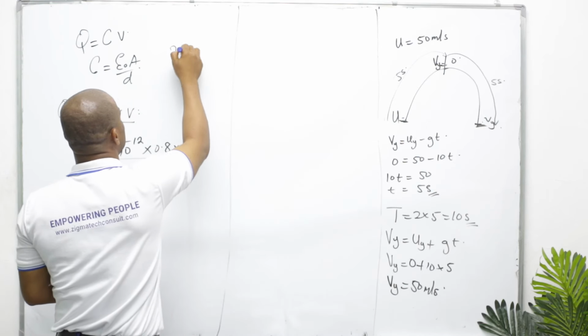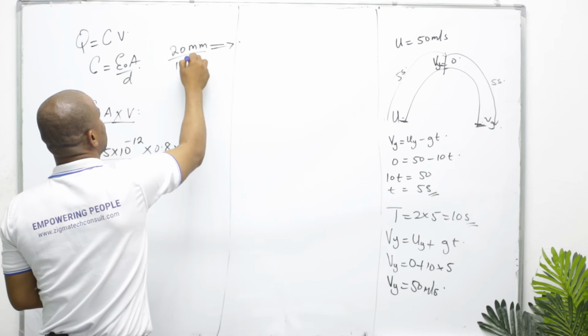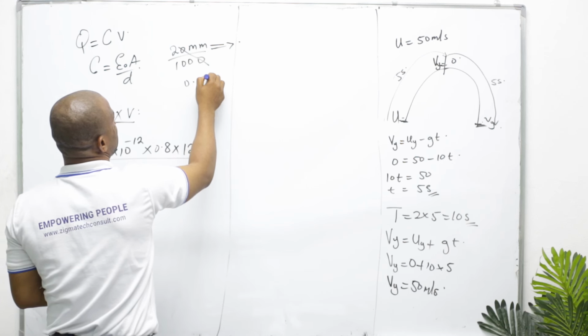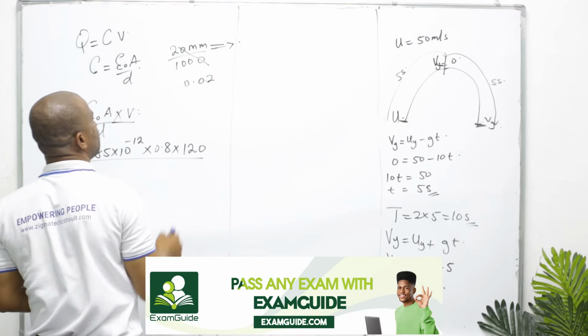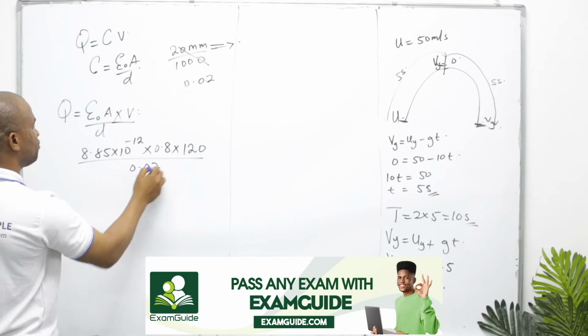To convert 20 millimeter to meter, I have to divide by 1000. So in this case, this is going to be 0.02.